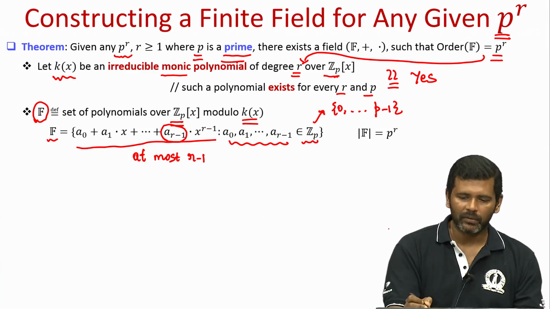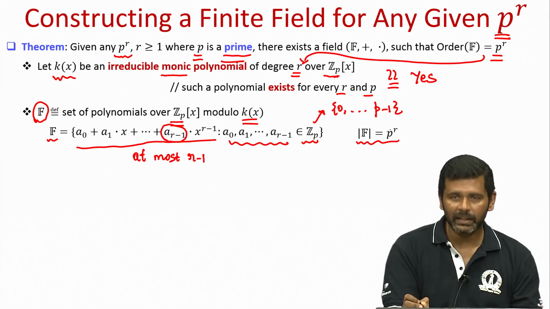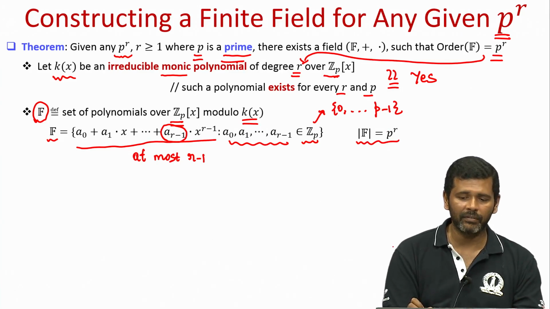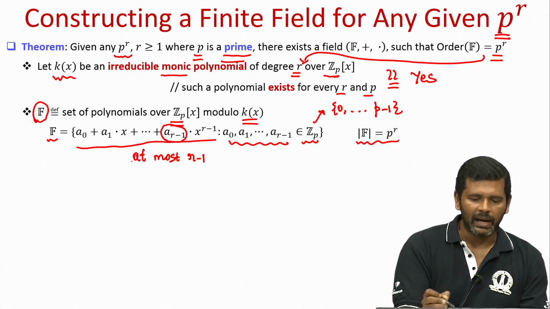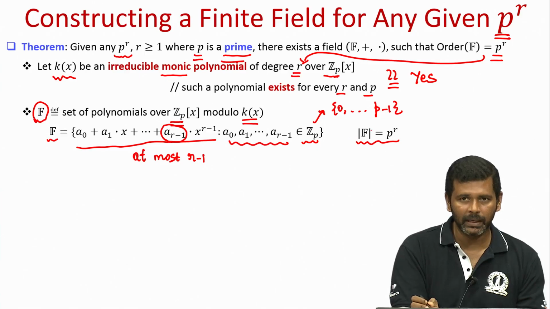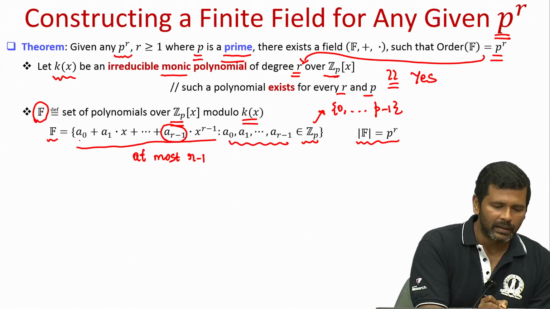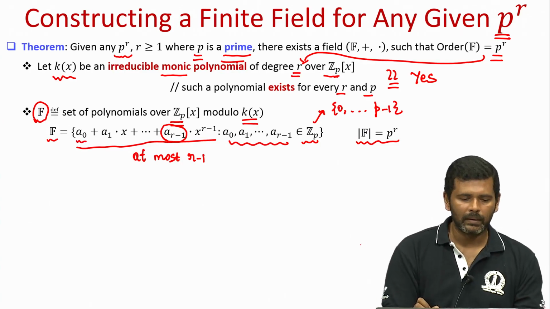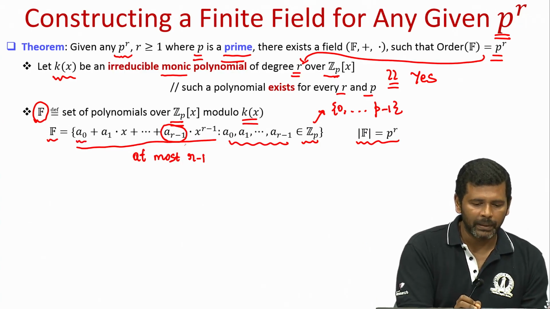Okay. So, how many such polynomials can I have in my collection F? Since each of the coefficients is taken from the set Zp, each coefficient can take p possible values and each of them is picked independently.